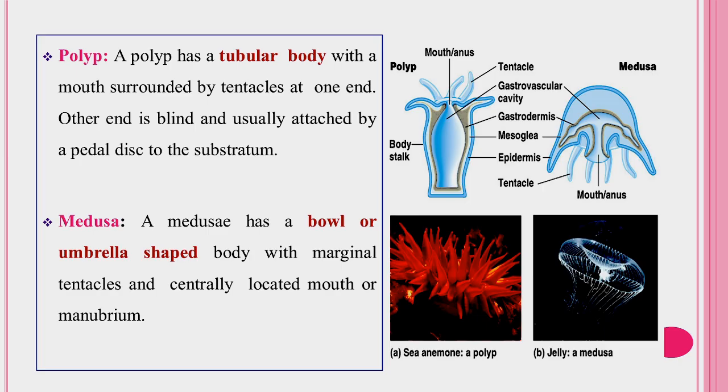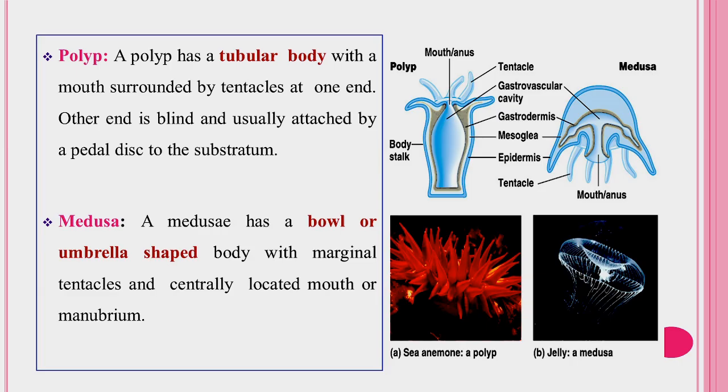It is also called the manubrium, and the mouth acts as a mouth as well as anus. The body of the zooid is attached with the pedal disc to the substratum, and the body appears as a stalk-like structure. It is surrounded by gastrodermis, and inside the body there is mesoglea, and inside that the central cavity is located. The central cavity is also called the gastrovascular cavity.